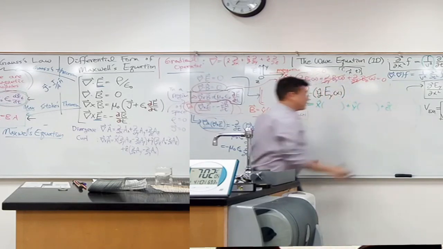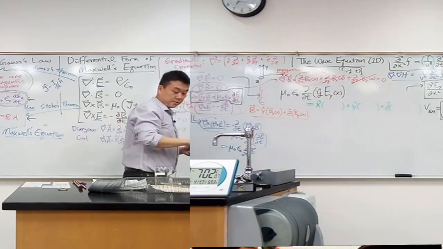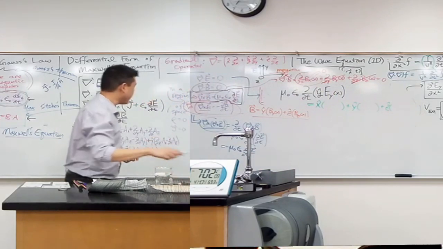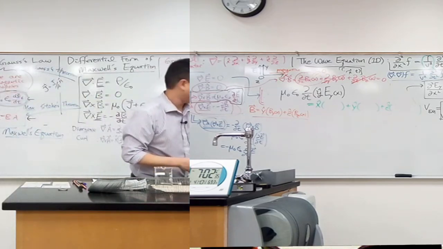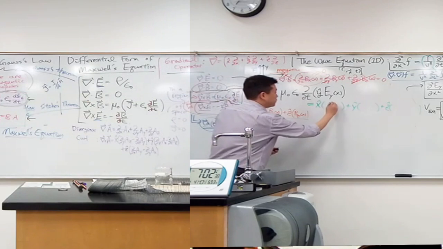Let's see which components don't go to 0. I'm going to simply stare at some things to argue that they are 0 without actually writing it down. As I take the curl of this, I refer to this expression here. For the x component, I'm taking the derivative of the z component with respect to y. Well, that's a 0. I'm taking the derivative of the y component with respect to z. Well, that's also 0. So I can say the x component of this is 0.